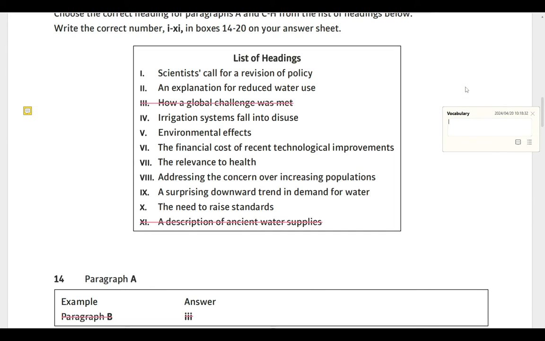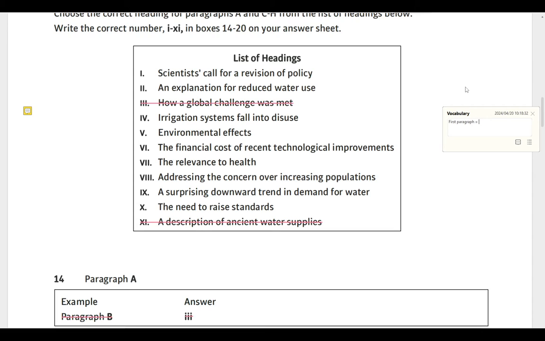A description always is the first paragraph in many reading questions from IELTS. It is basically descriptive. It describes something about a particular passage.